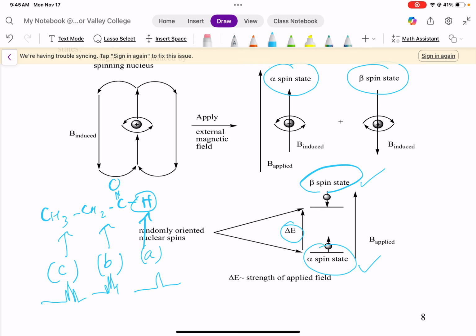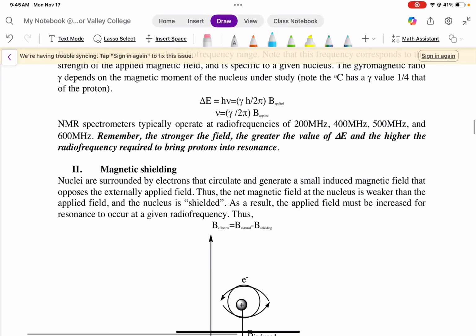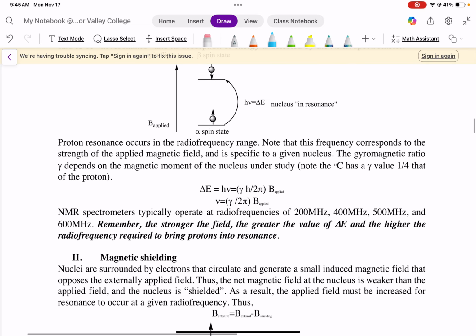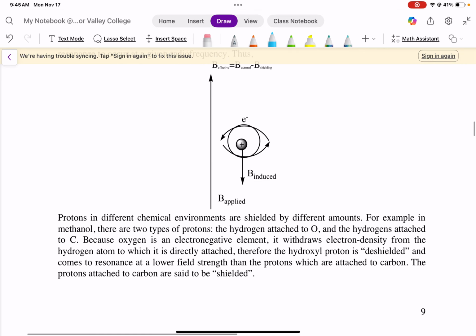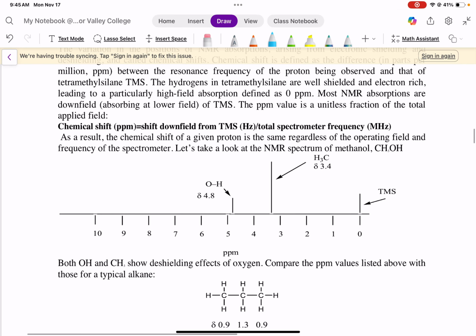And yes, you've got three different signals, and the first thing we're going to look at is the chemical shift. It's the ratio between the absorbing frequency and the frequency of the applied magnetic field, which is the machine.